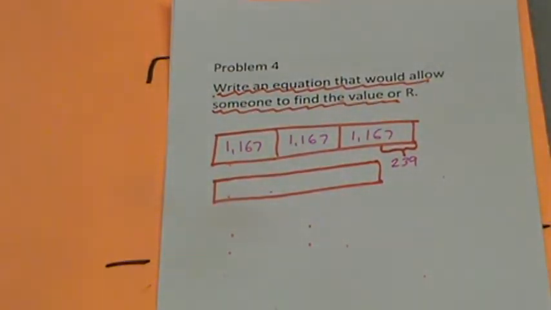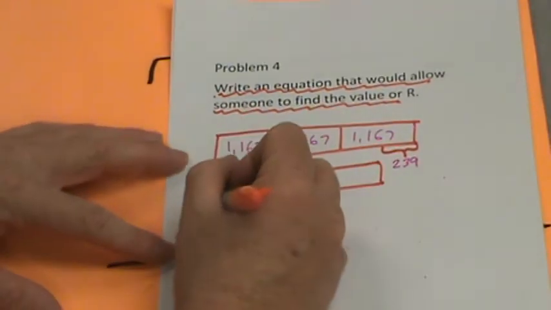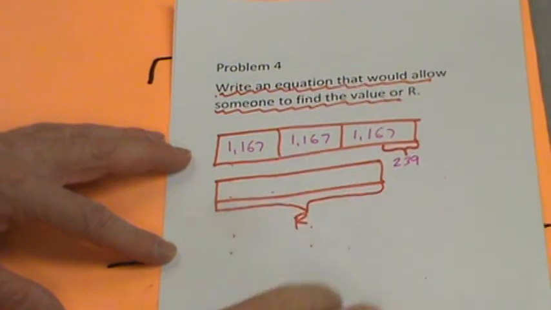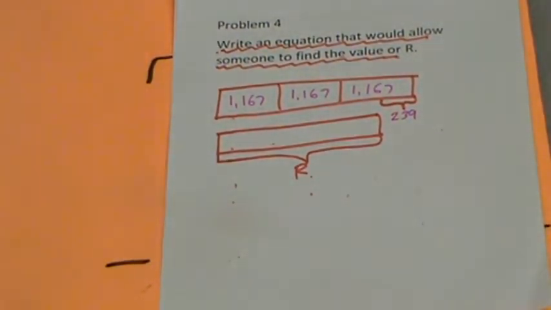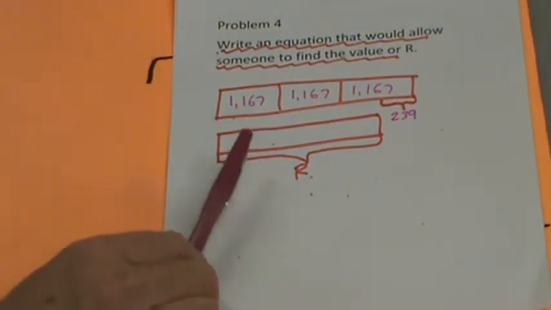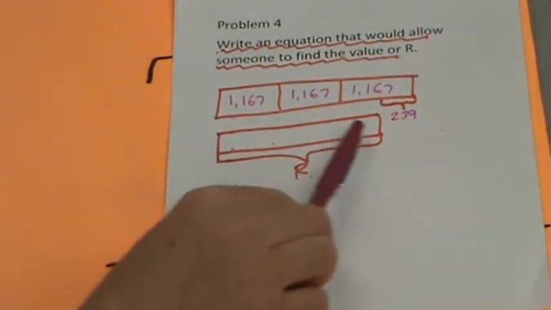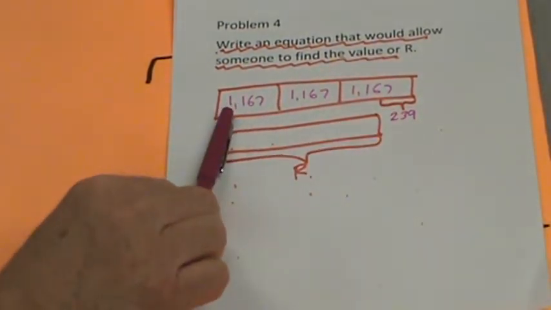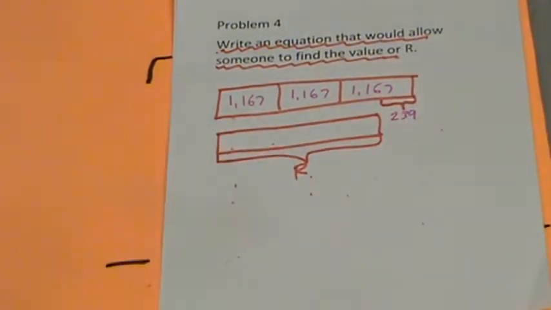And we need to write an equation that'll show the value of r. That's a variable. We don't know the value of it. So what kind of equation would this be? Well, we know that r, this mystery number, plus 239 would equal 1,167 times 3.